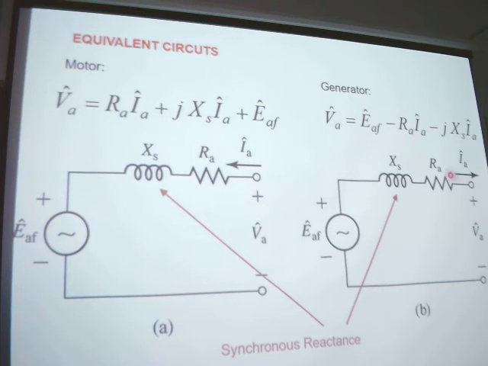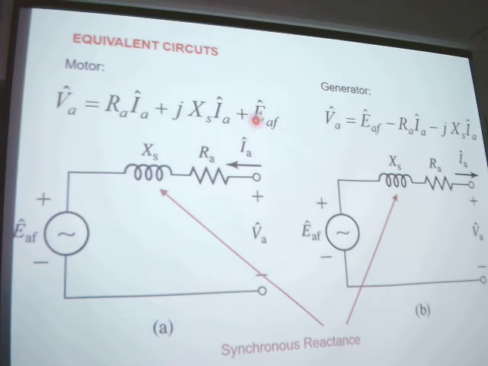If the machine is a real generator but you use the motor equation to calculate, you can still calculate the current, but the sign of the current will be different.